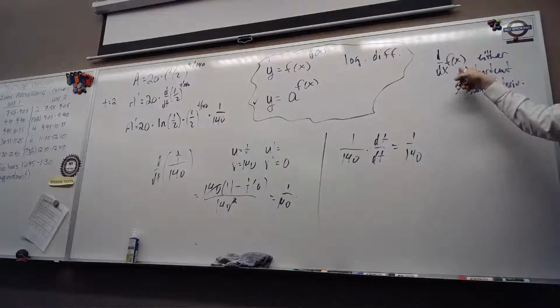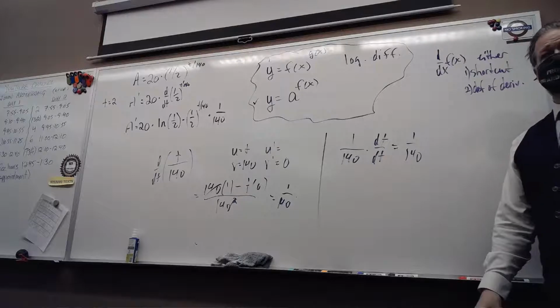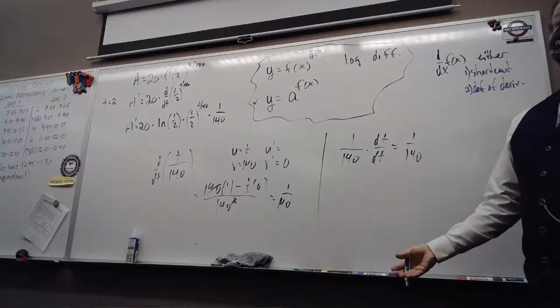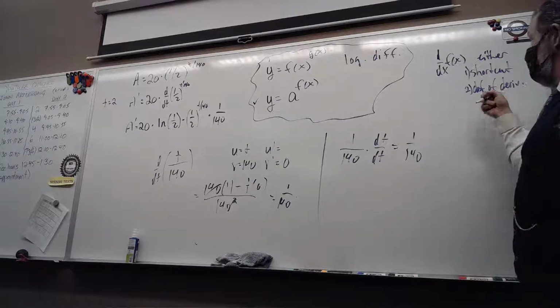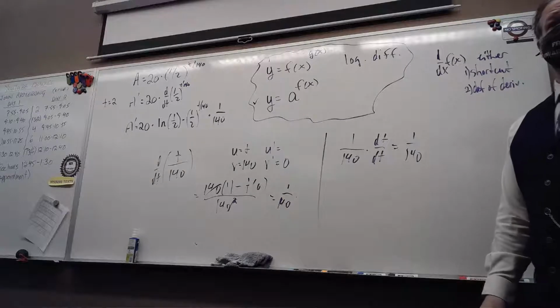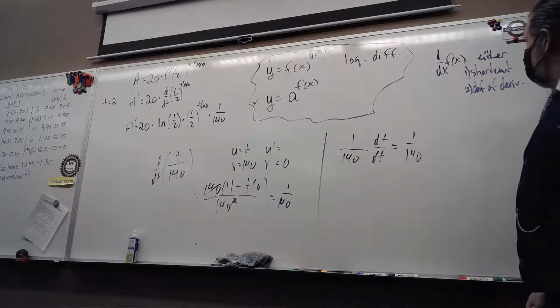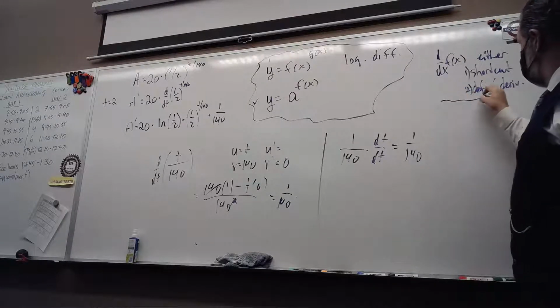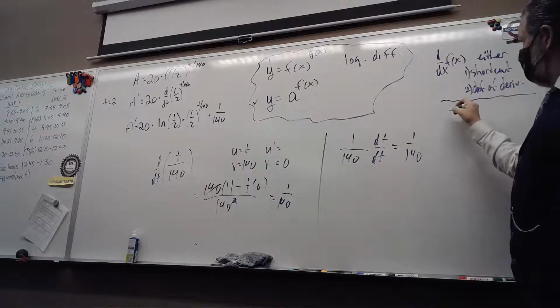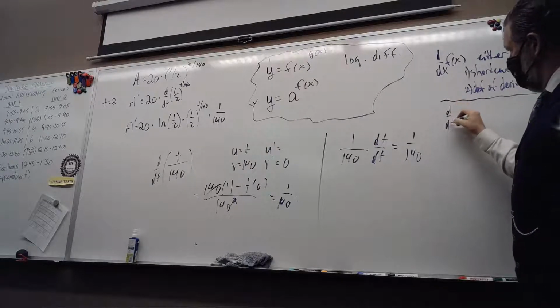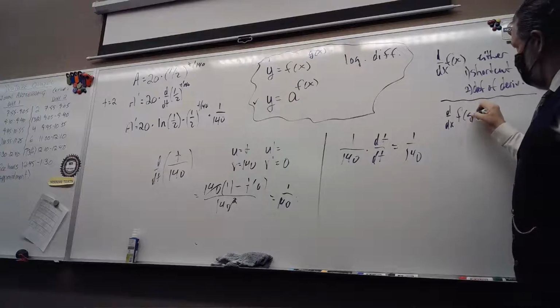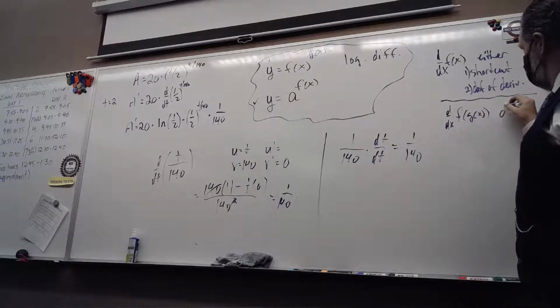If it's sine, well, then you know it's cosine. But if it's some function you've never seen before, then you use the definition of derivative. If it's a composite function, then use the chain rule.